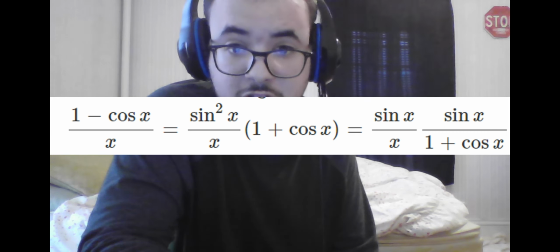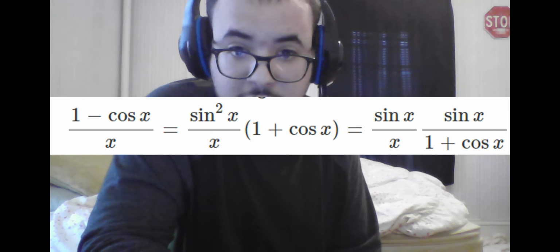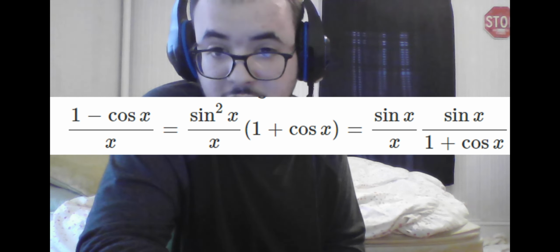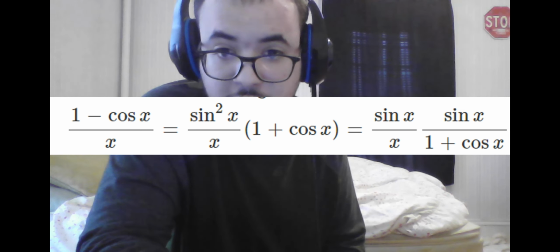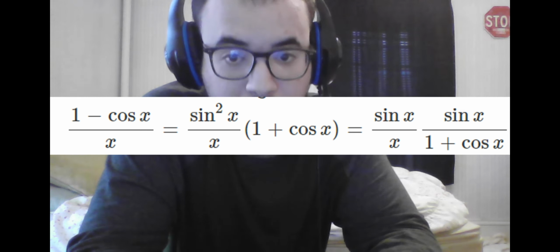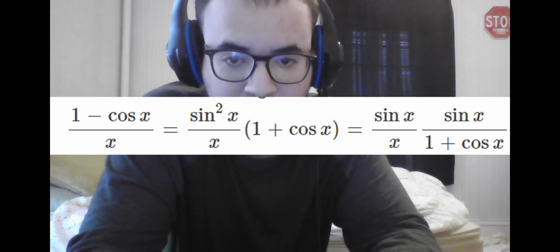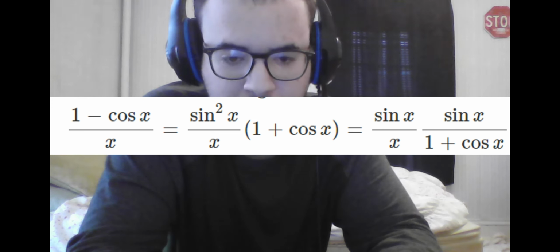So now we factor it as negative sine of h over h times sine of h over cosine of h plus 1. And we see, because we have a limit of 0 times the limit of something else, the total limit is 0. It doesn't matter what the other limit is.